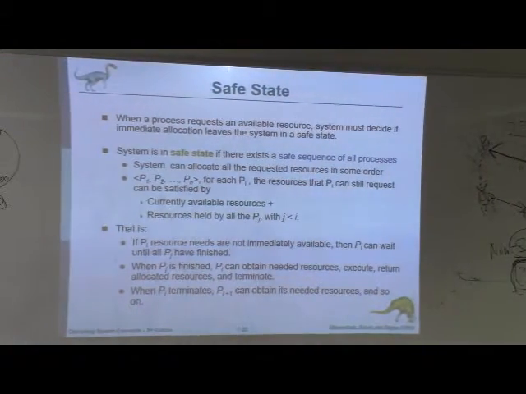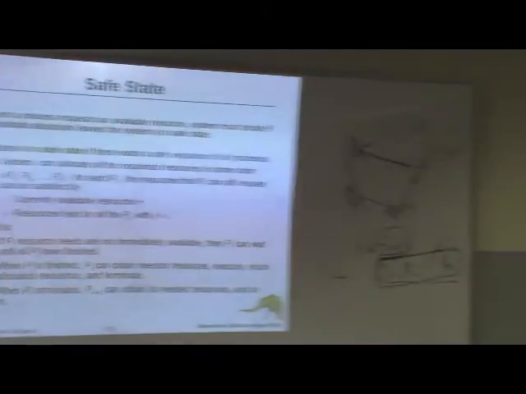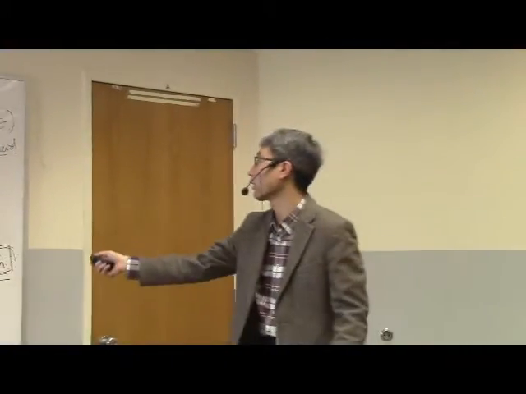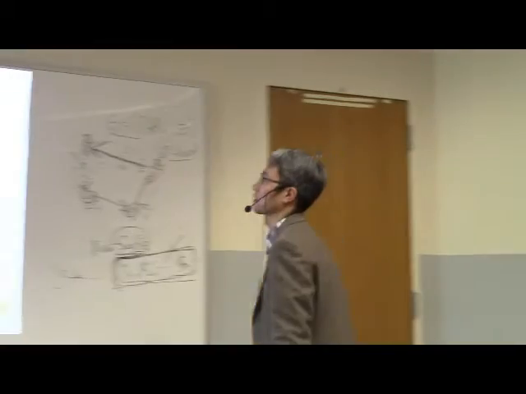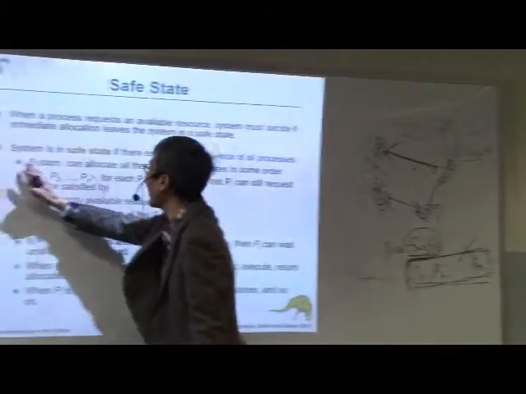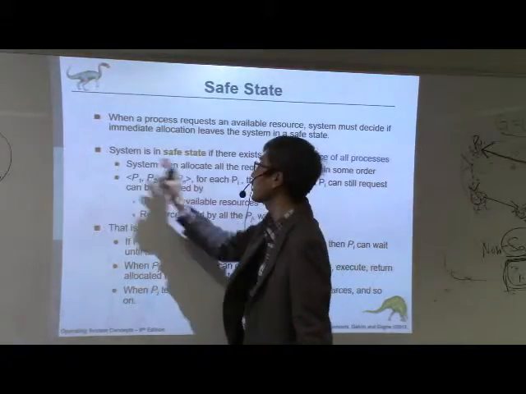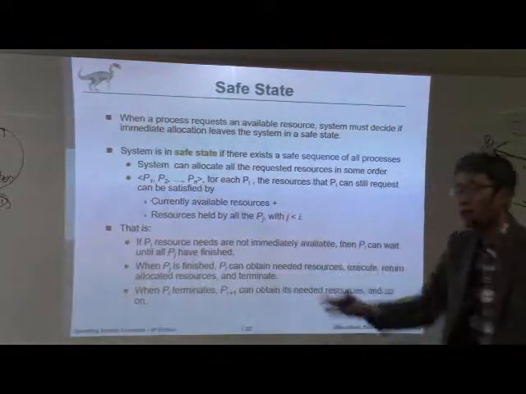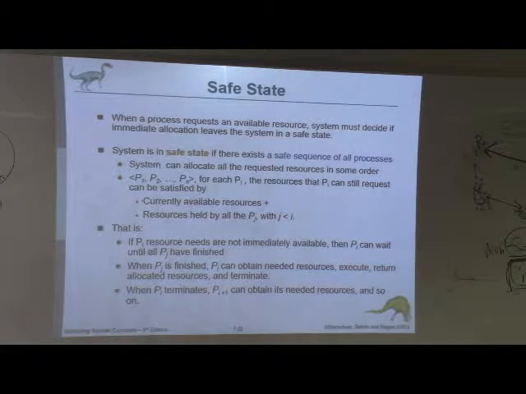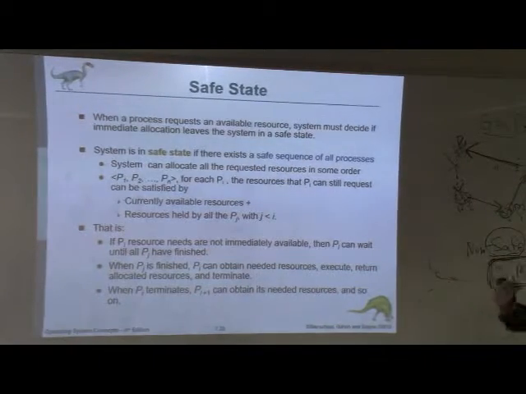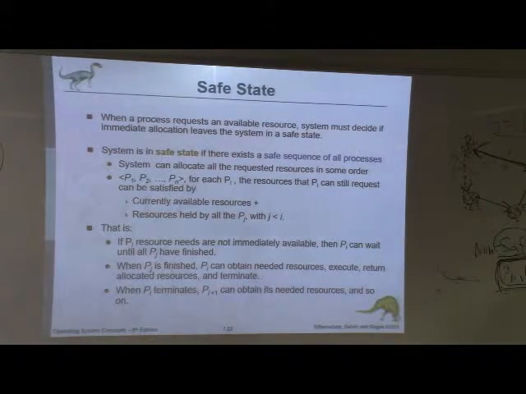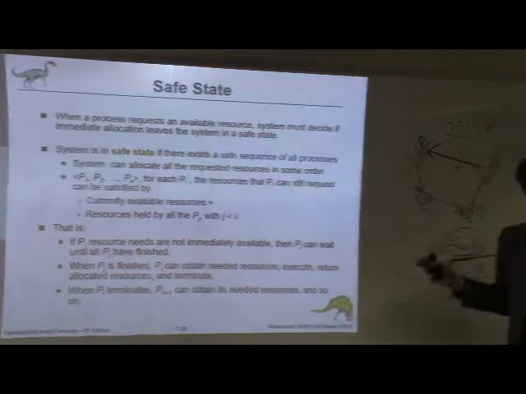So in a safe state there might be no problem, so you can grant the request. Otherwise, if we cannot find the sequence of processes that should be terminated, it means it's a non-safe state. A non-safe state may cause the deadlock. Okay, so we avoid such a request.